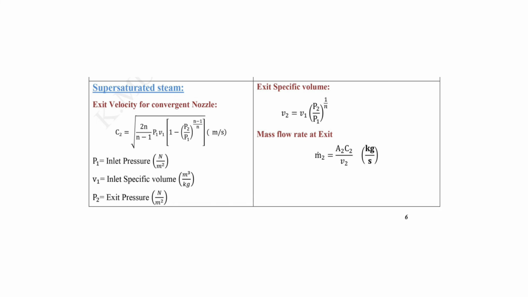Mass flow rate at the exit is equal to A2 C2 divided by V2 kilogram per second. And also we can derive the problem from the data which is expressed for condition of maximum mass flow rate and velocity.